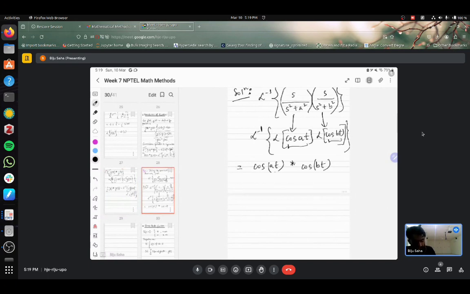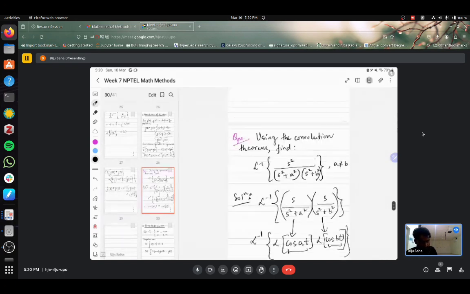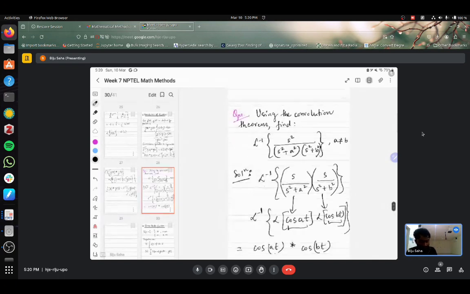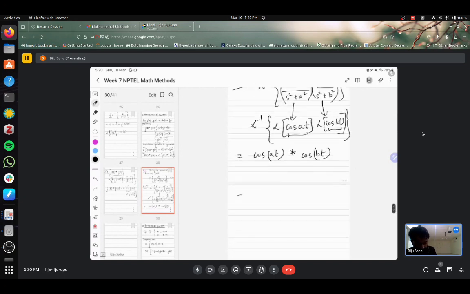If you can determine the convolution of these two functions, then you get to know the inverse Laplace transform of this entire function. So what you just did, you figured out that the argument was indeed a product of two Laplace transforms. Once you could sense that the functions are cos at and cos bt, you now just have to find out the convolution operation.